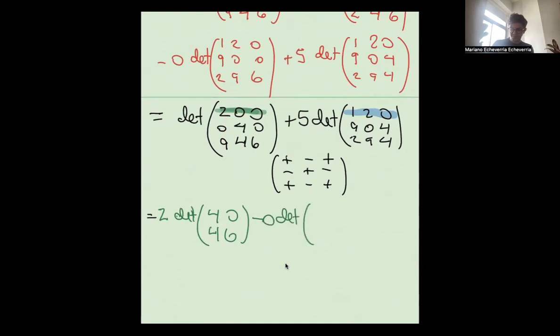Obviously, in practice, you wouldn't need to write this because there's a 0 in front of everything. But it's 0, 0, 9, 6. And then plus 0, determinant of 0, 4, 9, 4. Is that making sense?